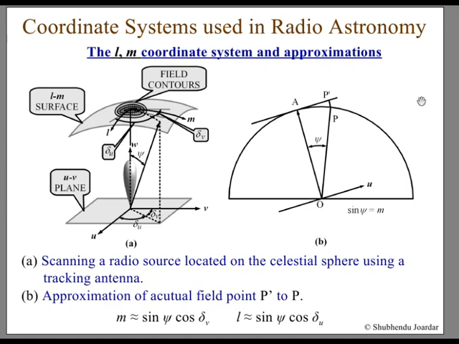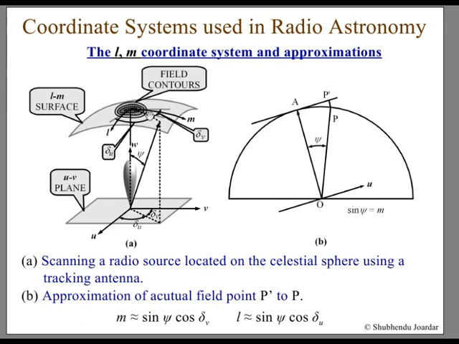Okay. Now this diagram should have been brought slightly later, but I brought it earlier because it may be easier to understand. If we see, there are two coordinate systems in this one. First of all, let me explain this one. This is part of the celestial sphere.